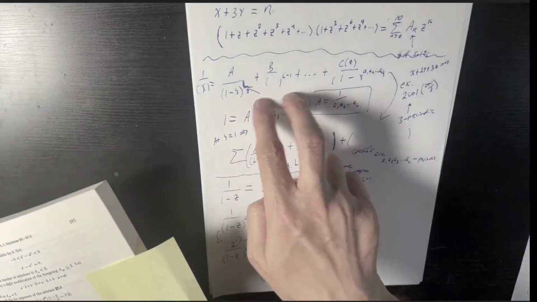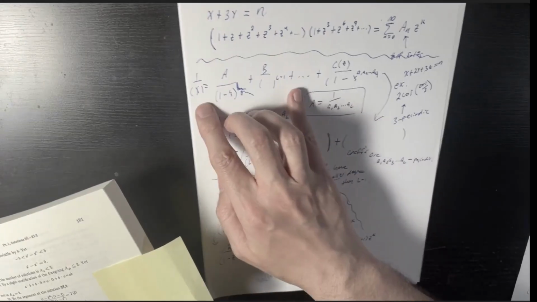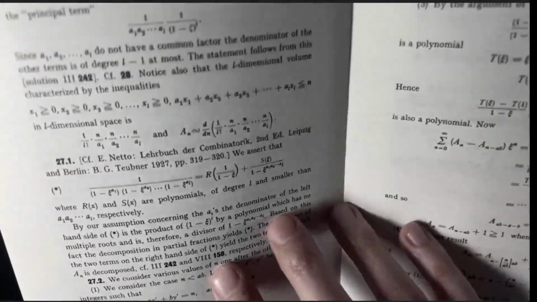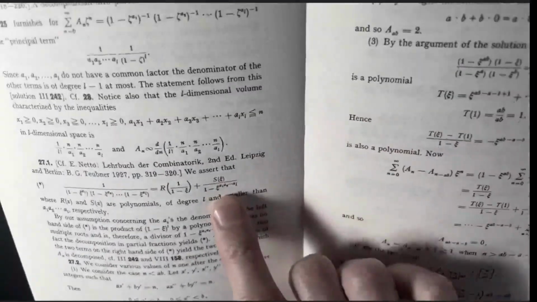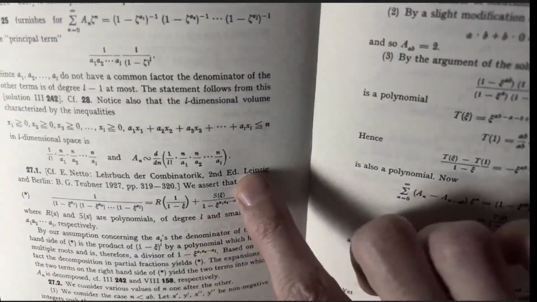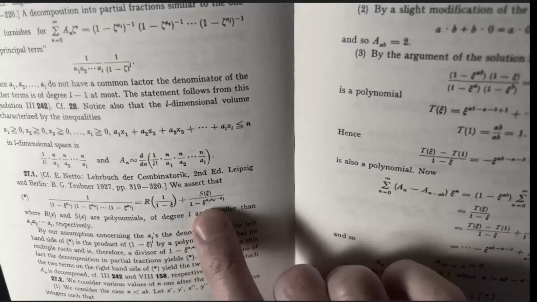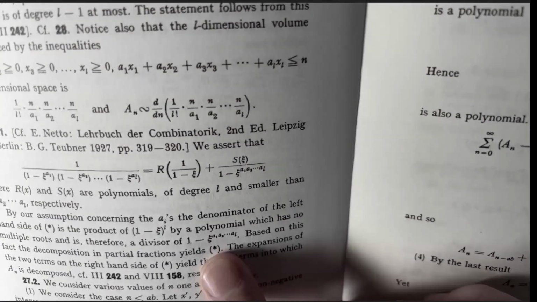One chunk is these pieces, where you've got powers of 1 minus z in the denominator. The other chunk is the complex part, the part that involves using roots of unity to factor it. And he points out that it's going to be just some polynomial on the top divided by 1 minus z to the product. You probably can't really even see that. There you go.